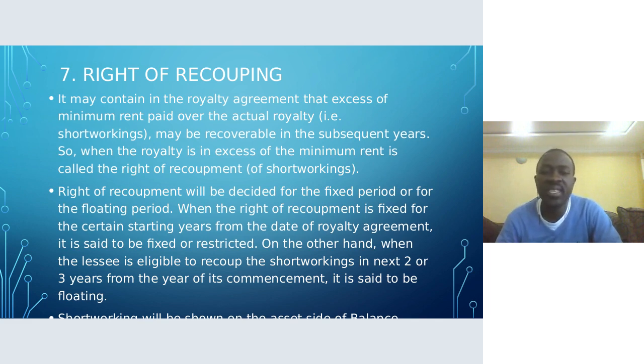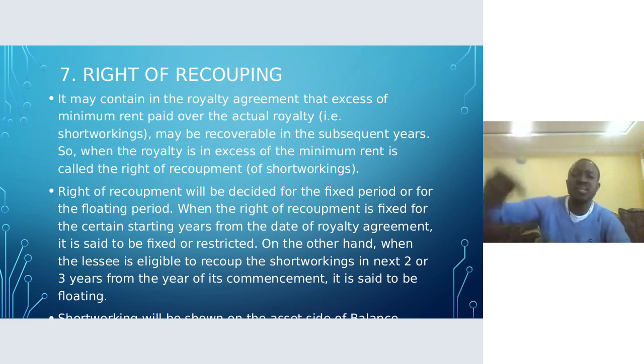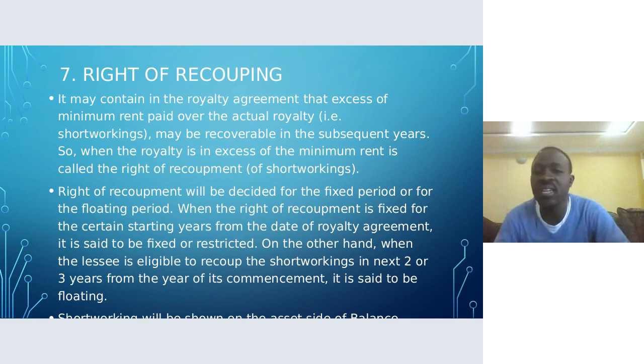So when the royalty is in excess of the minimum rent, then we have a short working. So there may be an agreement that for this short working you are to collect it in the subsequent years. That is what we call a right of recoupment.